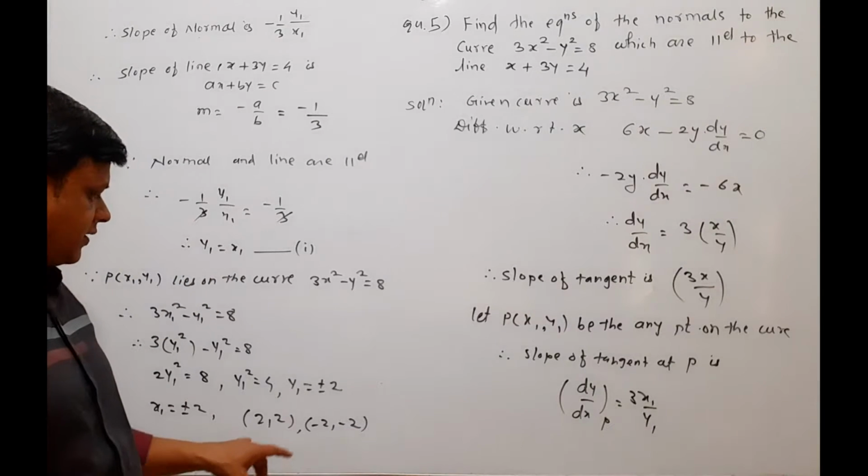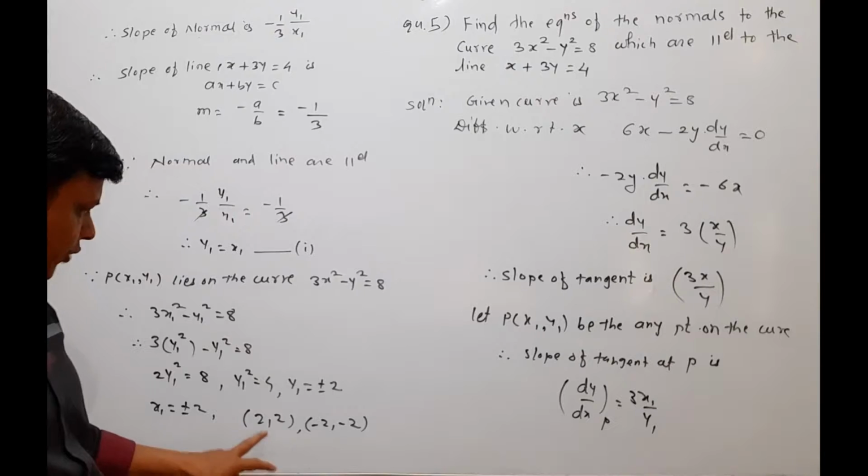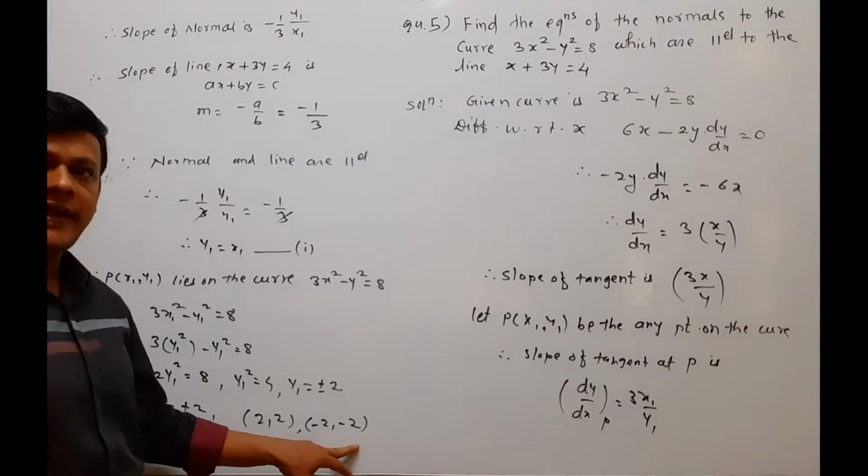Now we have to find the equation of normal at point 2, 2 and minus 2, minus 2.